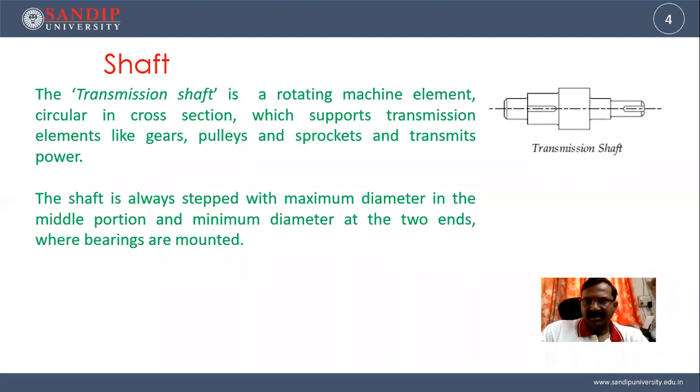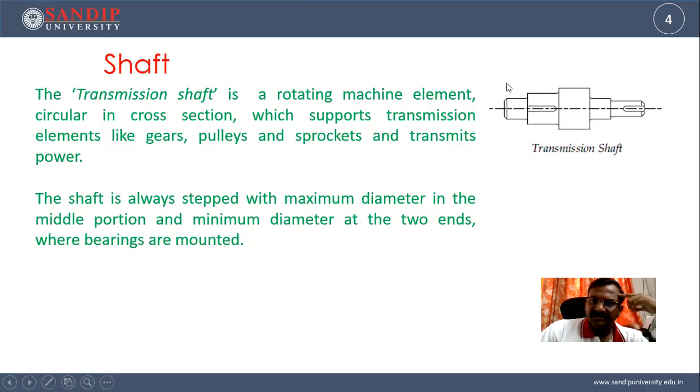The shaft is to be fixed in some housing, and as it is rotating, to avoid friction we need bearings. So the elements related to the shaft are the transmission elements like gear, pulleys, and sprocket, and supporting elements like bearings. So a shaft is not just a circular cross section throughout, it has steps to mount these different devices. Generally the middle portion will be larger and there will be steps according to the requirement.